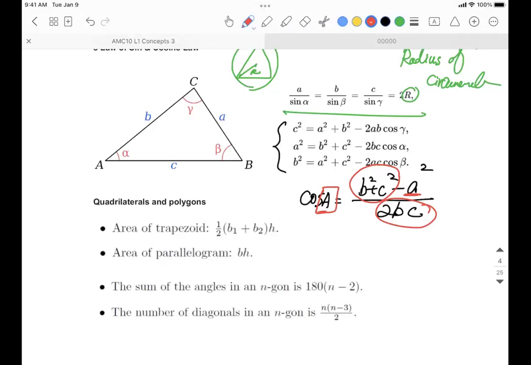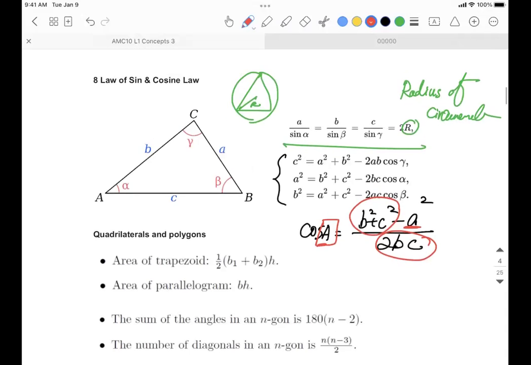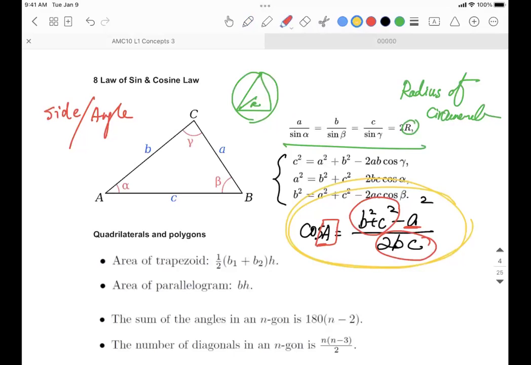Okay, after you get this, trust me, these are something very important. You always want to use the sine law and cosine law to help you build up some relationship between the sides and the angles. And I believe something more important is the cosine law, because it is the only law which brings the relationship between pure angles and pure sides. On the right-hand side of the cosine law, you only see the sides, there are no angles.